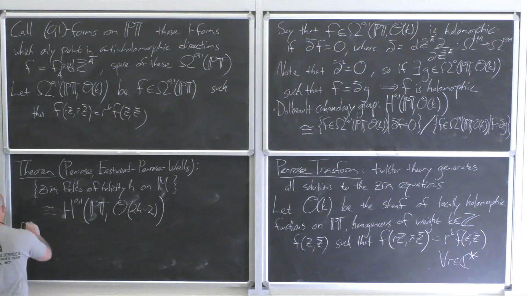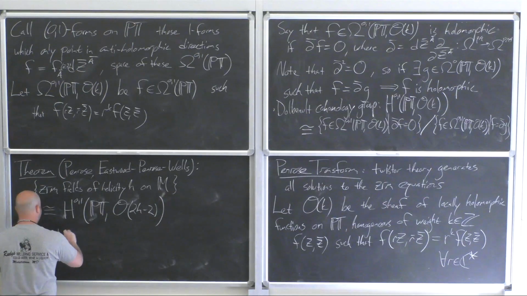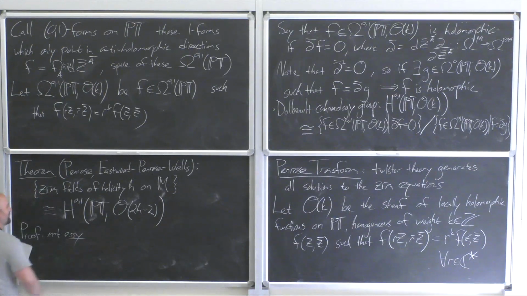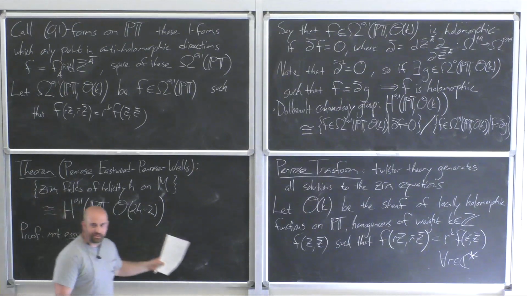So the proof is not easy. Okay, so that means that I won't tell you about it, basically. One direction is very easy, and we'll write that down in a second. That's if you give me an H01, it's very easy to cook up the corresponding zero rest mass field. What's much harder to show is that all zero rest mass fields arise in this way.